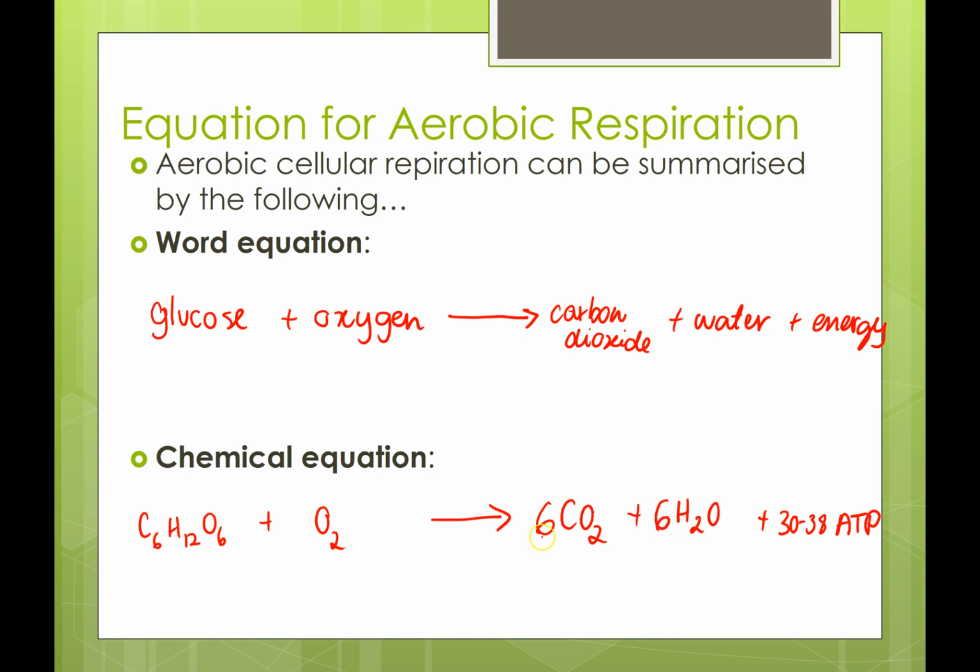But now we have 12 oxygens over here plus another 6 oxygens makes 18 oxygens. And we already have 6 oxygens on this side, so we need another 12, so we're going to need 6 oxygens over here. Good idea to know how to balance that equation, because for an example there, I didn't know off the top of my head, I forgot it, but by balancing it, I was able to work it out.